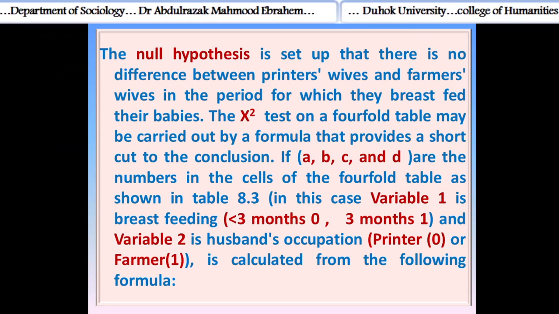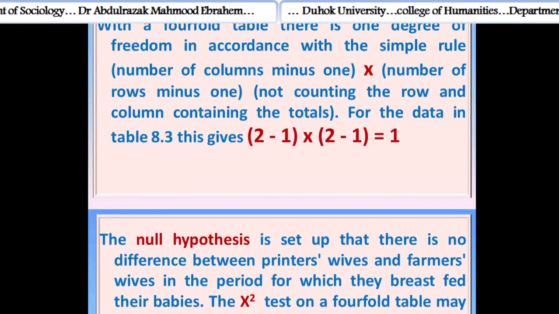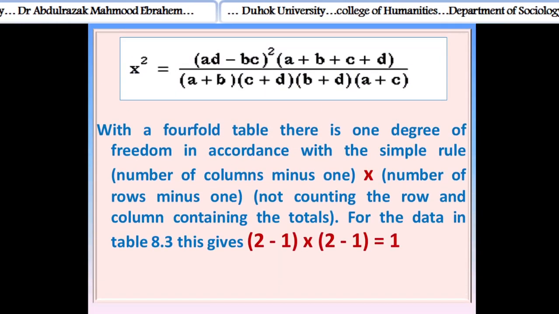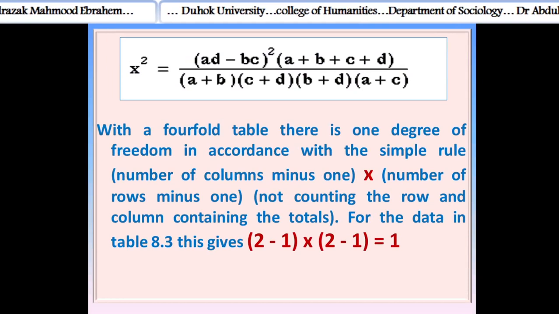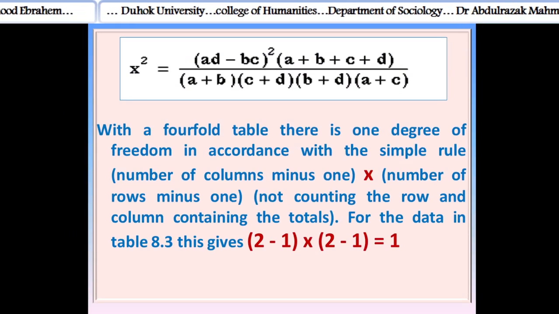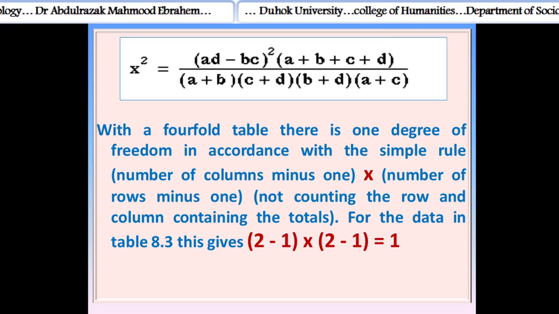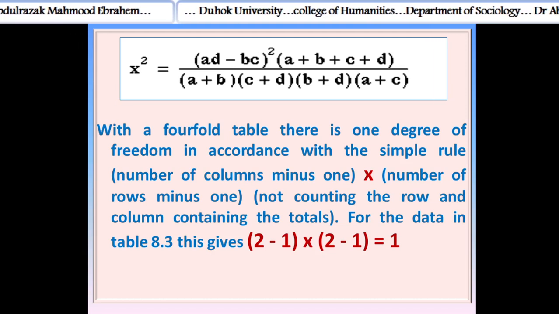Chi-square is calculated from the following formula: chi-square equals AD minus BC, all this squared, times A plus B plus C plus D, divided by A plus B multiplied by C plus D multiplied by B plus D multiplied by A plus C.